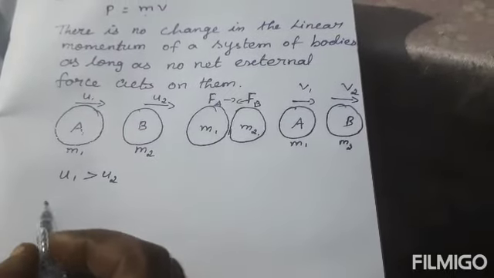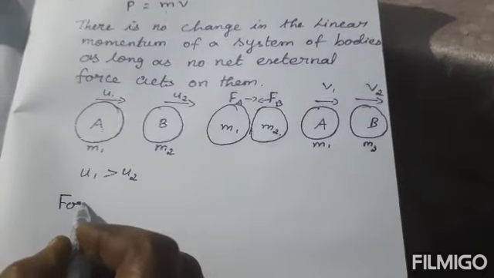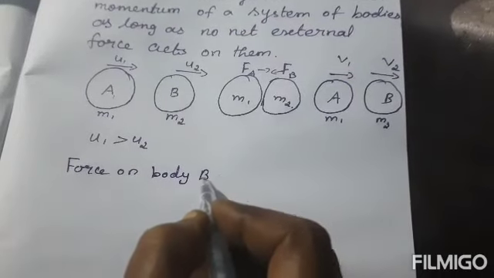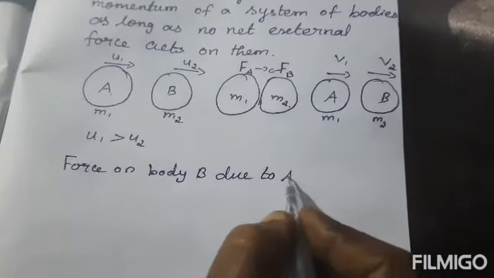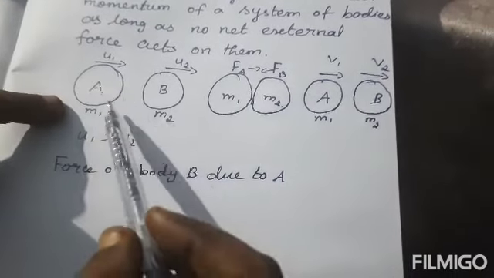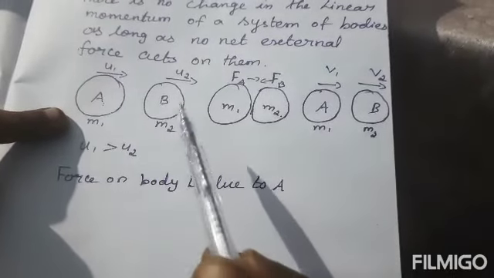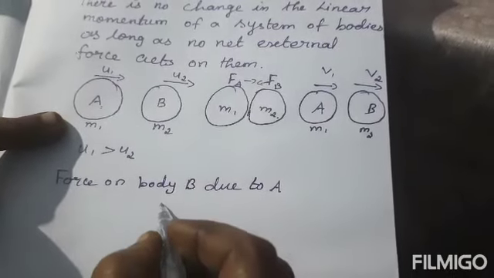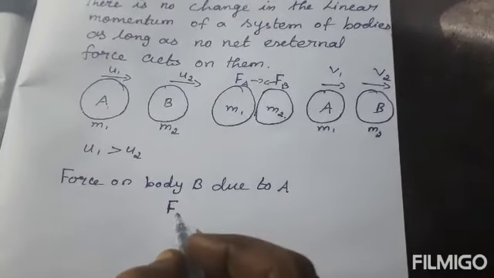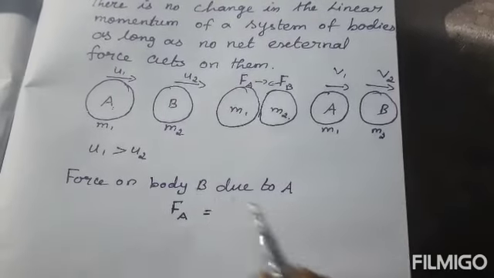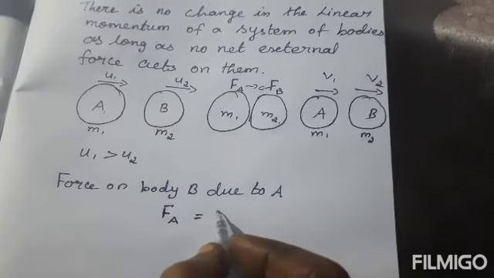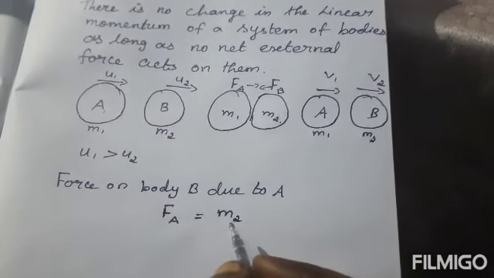Then, the force on body B due to A. Fa is equal to m2 into, you know the rate of change of momentum formula.